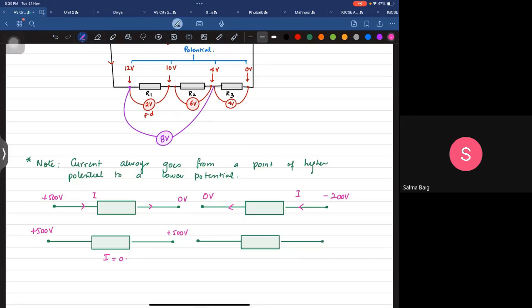And even if it's negative 500 and this is negative 200, sorry, I made a mistake. Current should go from higher to lower, and as you can see, the negative potential is more here, so the current will be like that. Is it clear, everyone? Let me know if there is a question here.